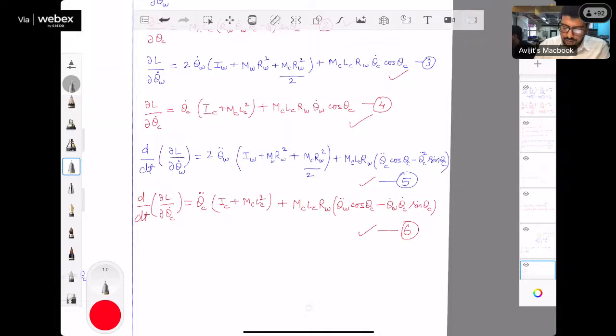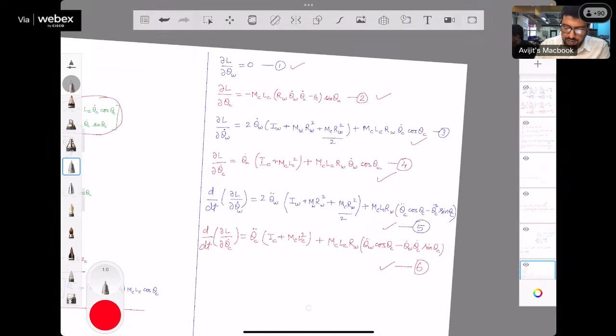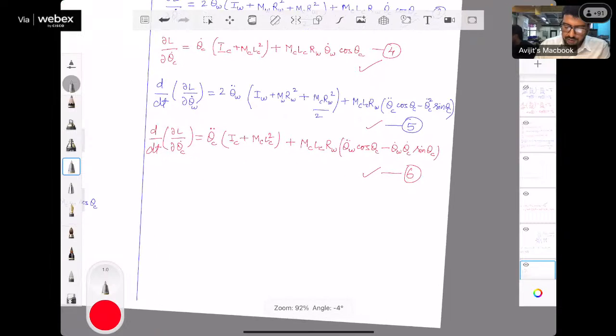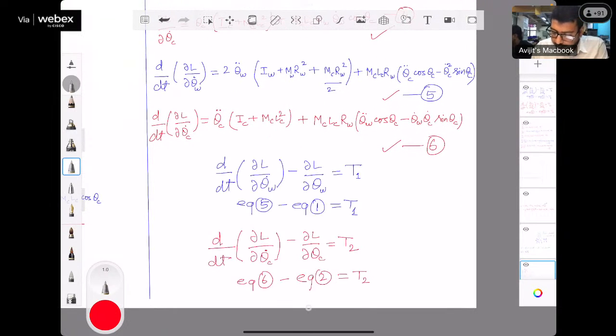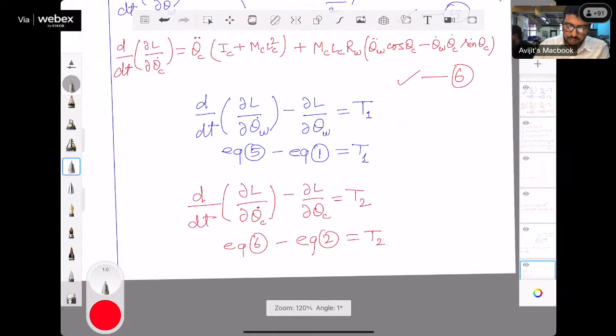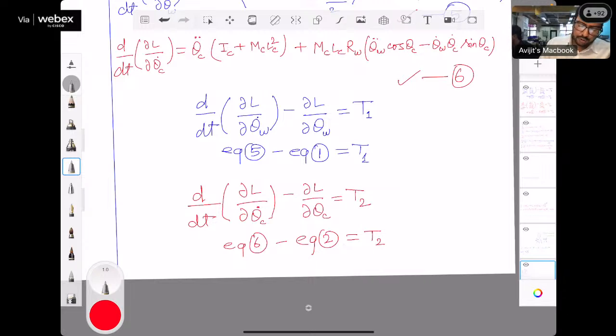So using equations 5, 6, 1 and 2, we will find two Euler-Lagrange equations like this. You can see d by dt of del L by del theta W dot minus del L by del theta W is equal to T1, and d by dt of del L by del theta c dot minus del L by del theta c is equal to T2.